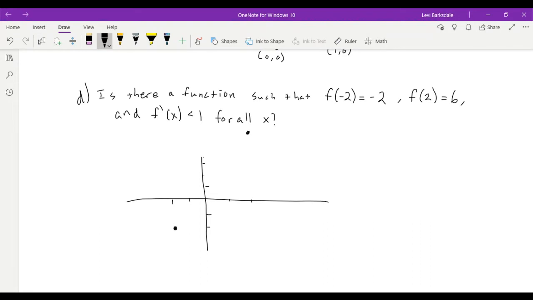But then we also know that our slope is always less than 1.